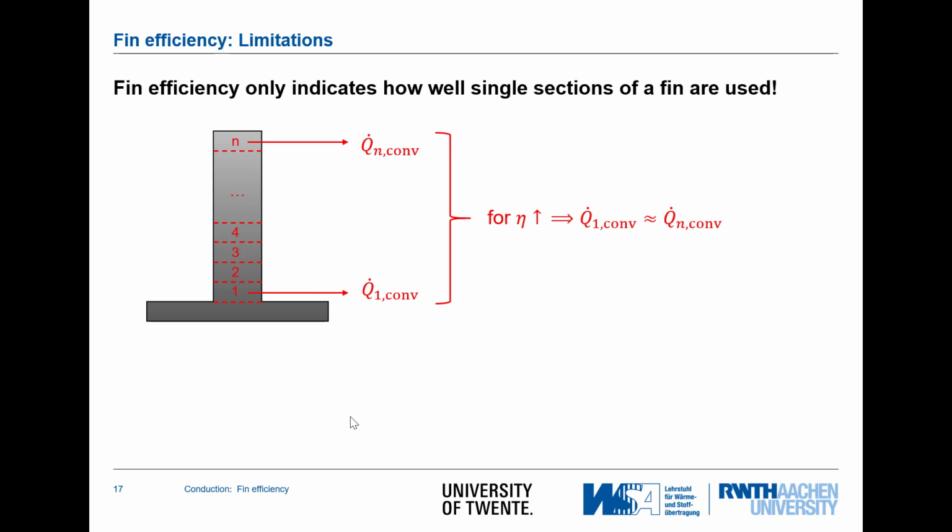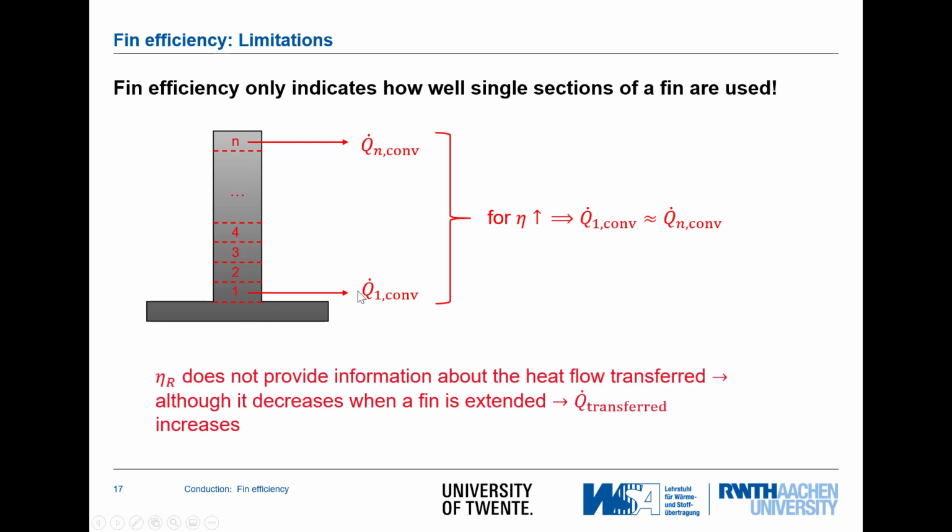What are limitations in the interpretation? What the fin parameter tells us is how homogeneous the temperature is inside the fin. So it's a measure of how effective the upper part of the fin is, where the temperature has already been reduced compared to the bottom temperature, and how this heat transfer compares to the heat transfer of the fin at the bottom.